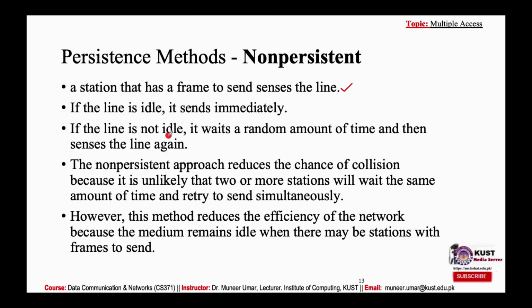If the line is not idle, it waits a random amount of time and then senses the line again. The non-persistent approach reduces the chance of collision because it is unlikely that two or more stations will wait the same amount of time and retry to send simultaneously.